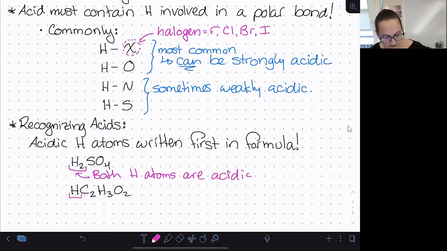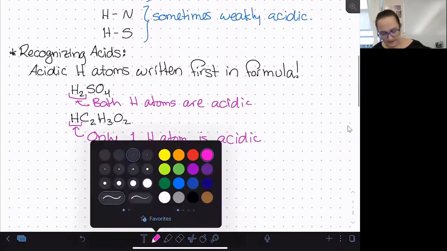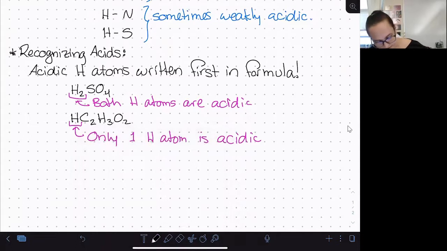But in acetic acid, there is only one hydrogen atom that is capable of being donated to a base. Only one of them is actually involved in a polar bond. If we look at the structure of acetic acid, it looks something like this in its Lewis structure.